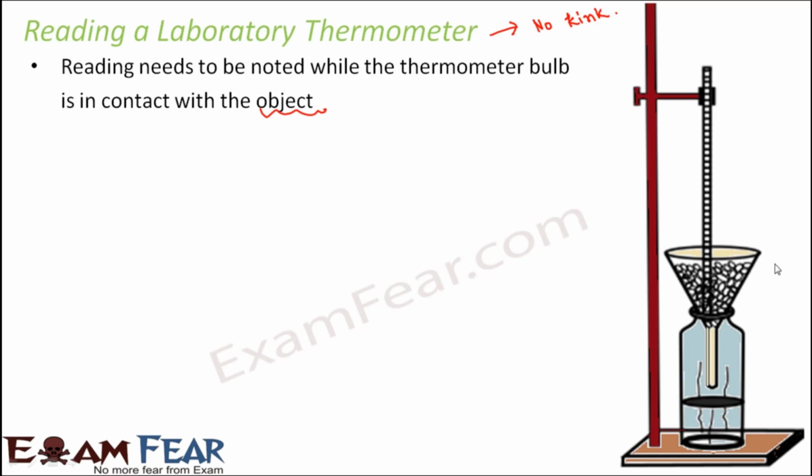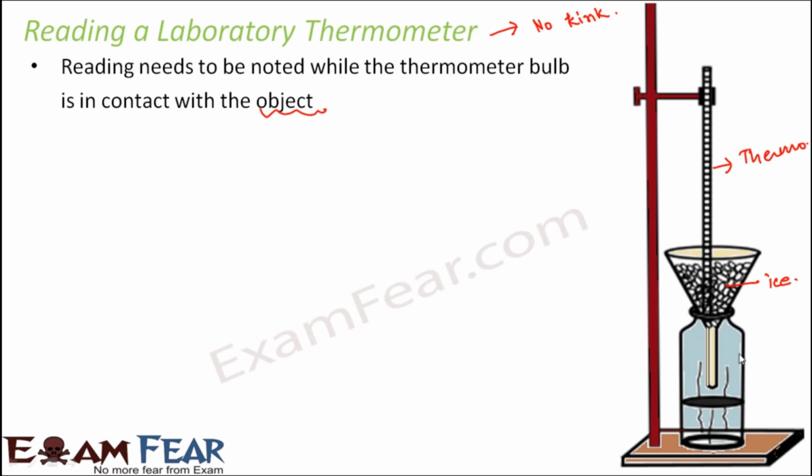So let us look at this picture on the screen. Let's say this vessel contains water, and we want to measure the temperature of this water. So we have put the thermometer here, or let's say here you have ice, and we have put the thermometer here. This is the thermometer. As long as the thermometer remains inside the ice, the bulb of the thermometer remains in contact with the ice.